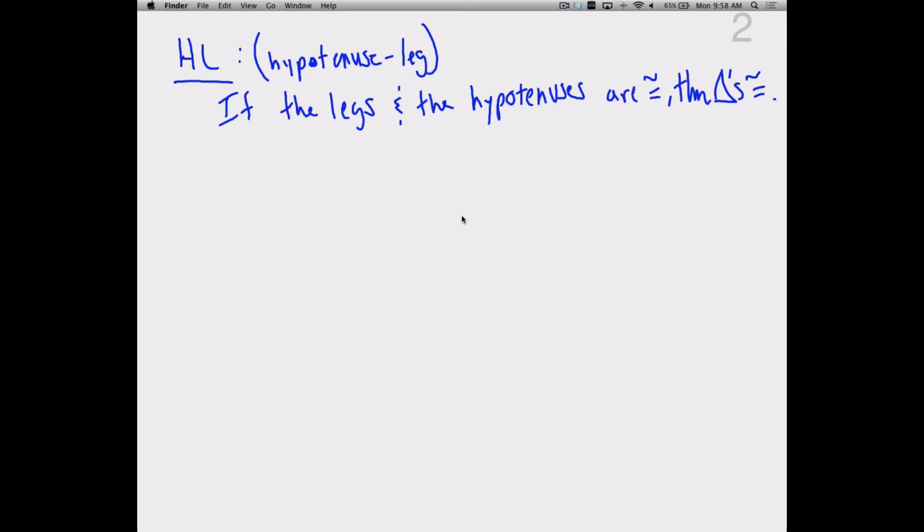Equilateral? Nope. Scalene? Nope. Equal angle? Nope. Isosceles? Nope. Keep going. Right. I was going to say that. Oh yeah, duh. The hypotenuse.